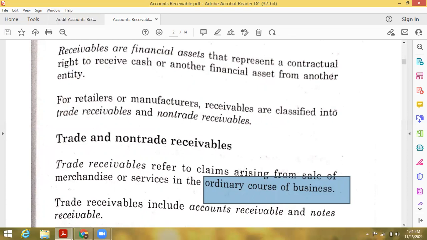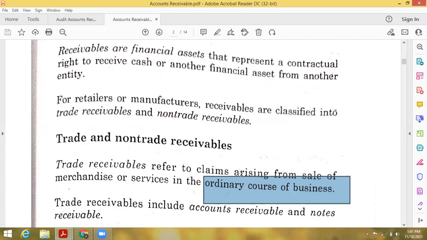Ang gusto sabihin dyan, if arising siya dun sa main na product na binibenta natin or kung ano man yung ino-offer na product or service ng company, kaya nagkaroon ng receivable ay dahil nangutang siya nung product na binibenta natin or dahil inutang niya muna yung service na pinerform natin, which is yun talaga yung product or service na ino-offer ng company. That's why ordinary course of business siya.